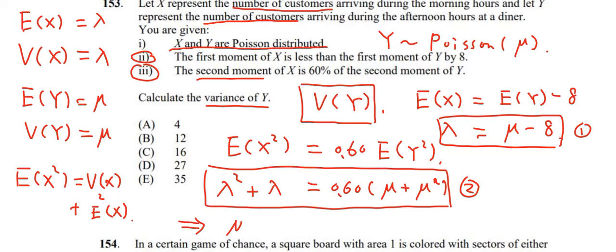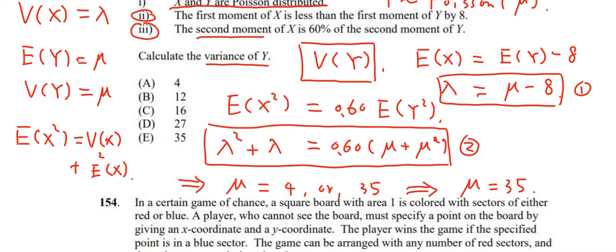We find mu equals 4 or 35. But mu should be larger than 8, so we find mu equals 35. So this is just a math problem, right? Okay.